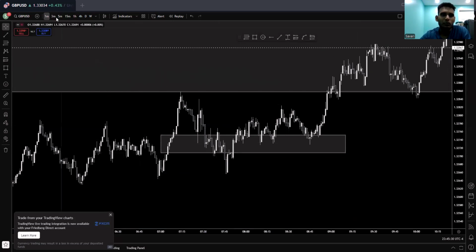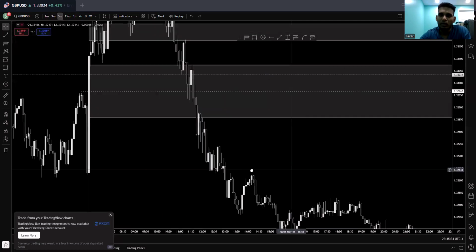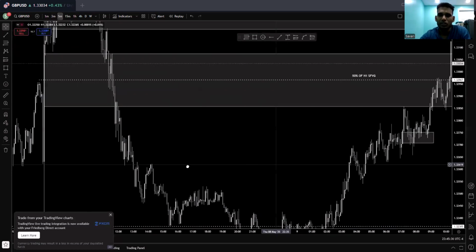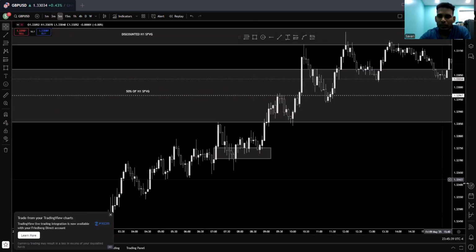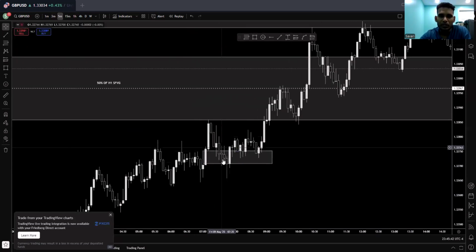Once it happened, I just moved to the 5 minutes. What happened in the 5 minutes? Is it a real flip of my fair value gap, or just a weak stop out? Once I identified it is not disrespecting my fair value gap, it is just a weak wick that stopped me out. Price stayed inside this range, which means this fair value gap is still valid. So I can trust this fair value gap, enter, and target this high at least.